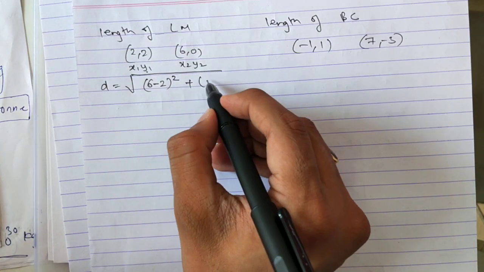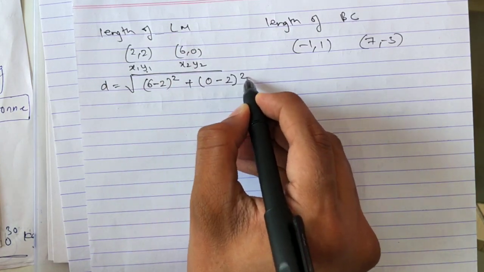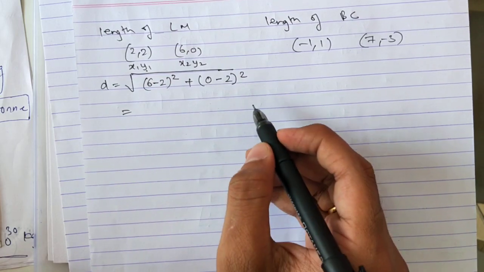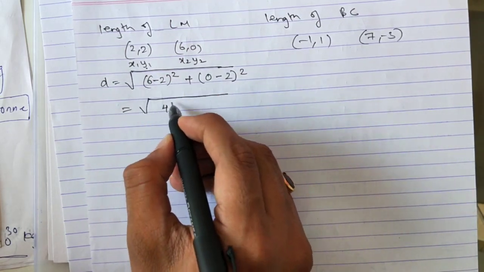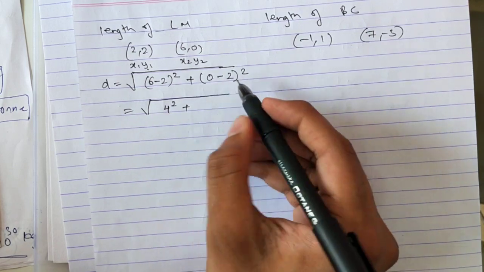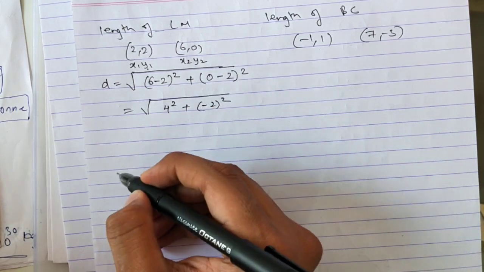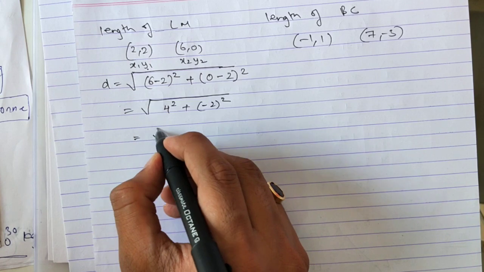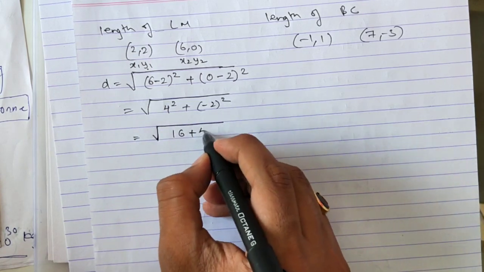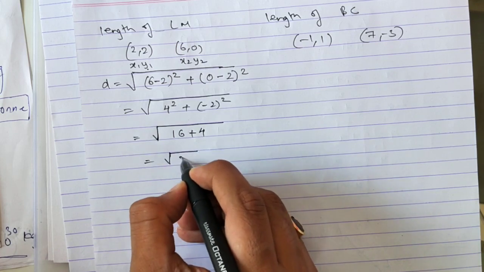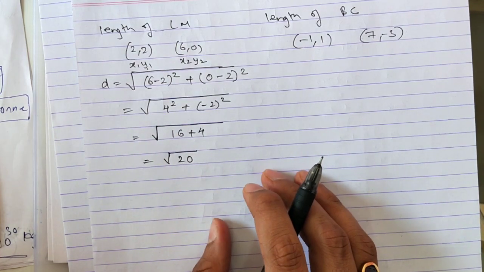So y2 is 0 minus 2 the whole square. 6 minus 2 is 4 square, plus 0 minus 2 is minus 2 square. So 16 plus minus 2 square is 4. So I get the answer is root 20.